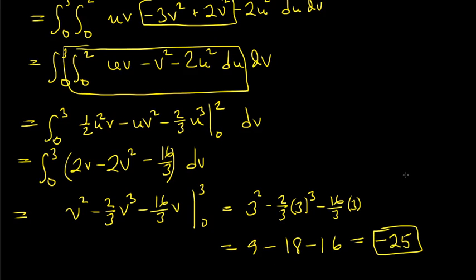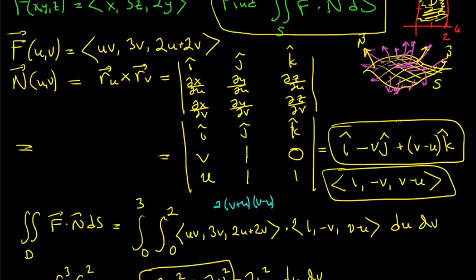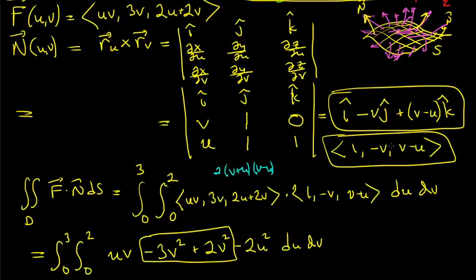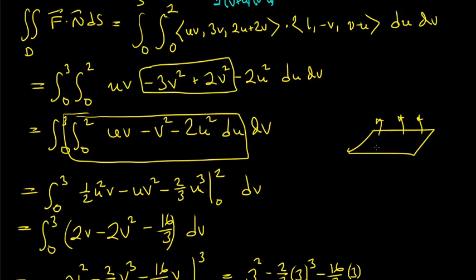So, yeah, I think the answer is, so what does it mean to be negative? Well, it just means that most of the vector field is flowing against, the opposite direction of the normal vector. So if this is my surface, and my normal vector is pointing this way, and I don't remember which way it's pointing, but let's say it's pointing this way, it just means that the net flow of the vector field tends to be pointing in the opposite direction.